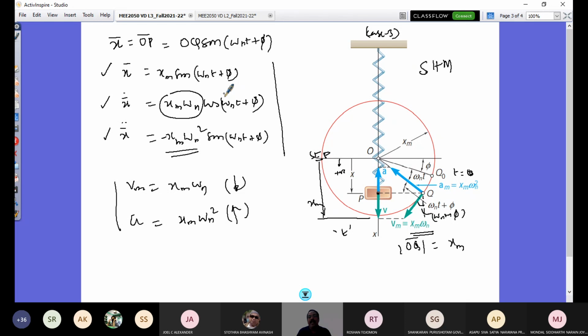So you have studied in your dynamics of rigid bodies. You are always concerned with finding out displacement, velocity, acceleration in kinematics of particles or rigid bodies, right? You have studied. So here, this is particle kinematics, and the kinematic parameters of simple harmonic motion are given by its displacement, velocity, and acceleration.